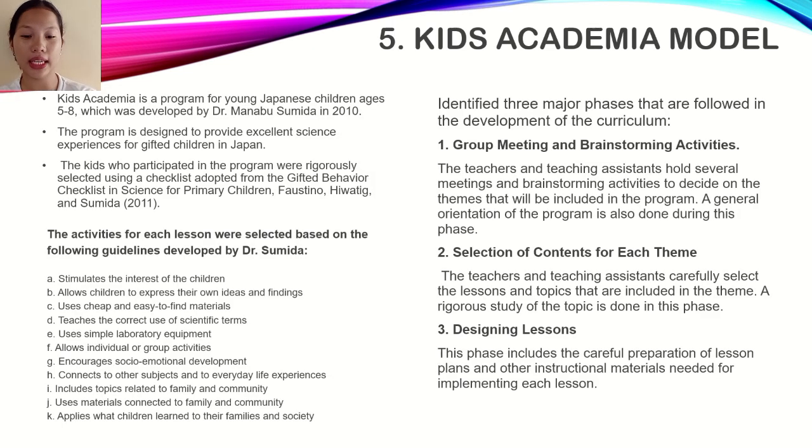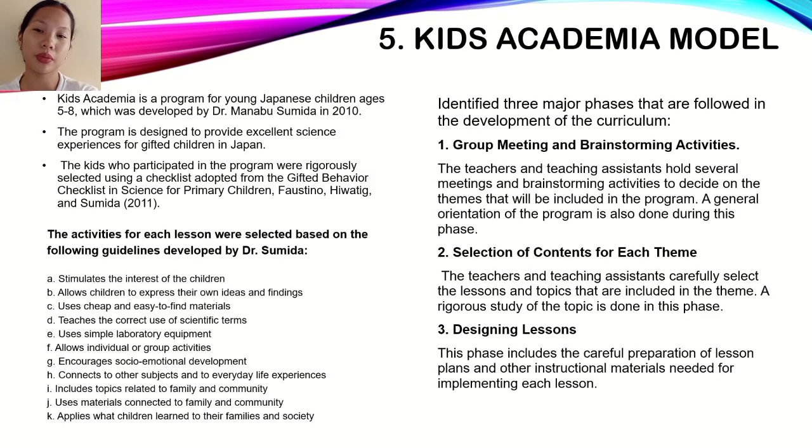The last one is the Kids Academia model. So Kids Academia model is a program for young Japanese children ages 5 to 8, which was developed by Dr. Manabu Sumida in 2010. The program is designed to provide excellent science experiences for gifted children in Japan.